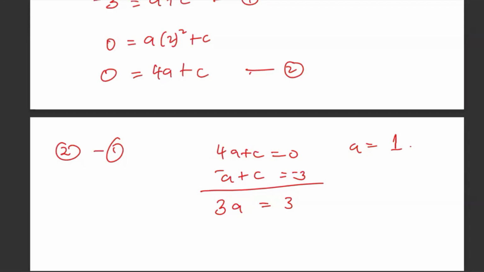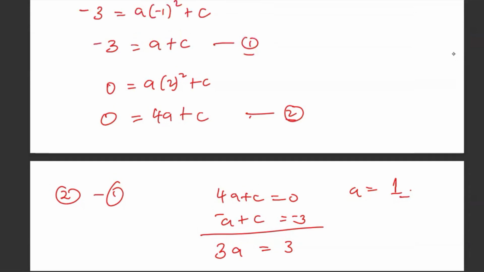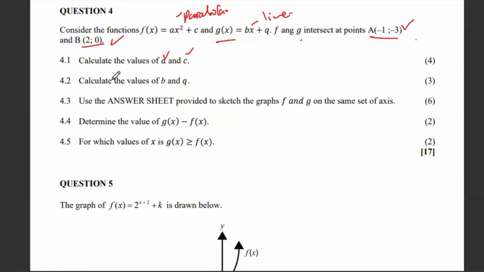So our a is 1. Then we need to substitute this into either equation 2 or the first equation to determine the value of c. So I'm going to use the second equation because it looks a bit simple. So that's going to be 4 into 1 plus c is 0, meaning that our c is -4.